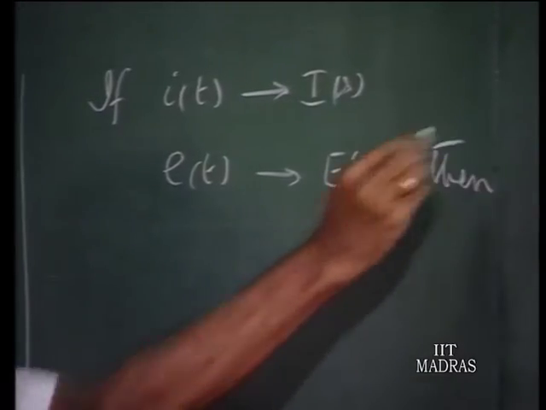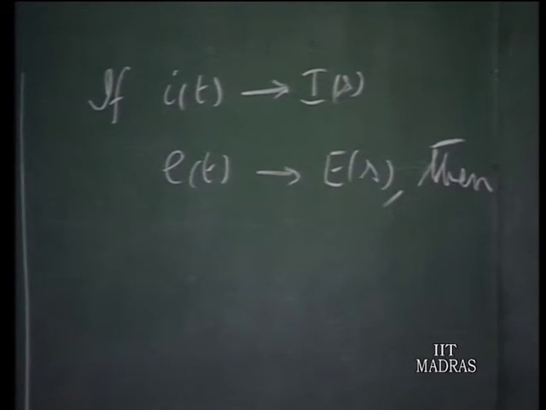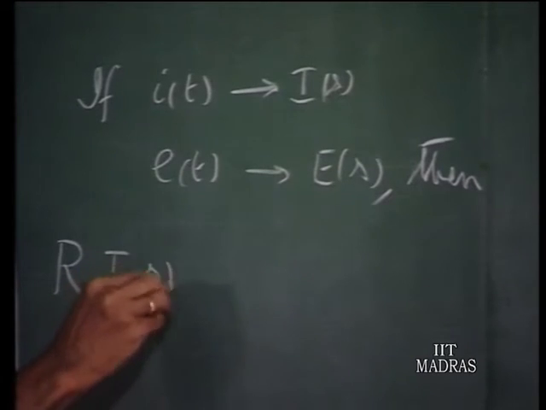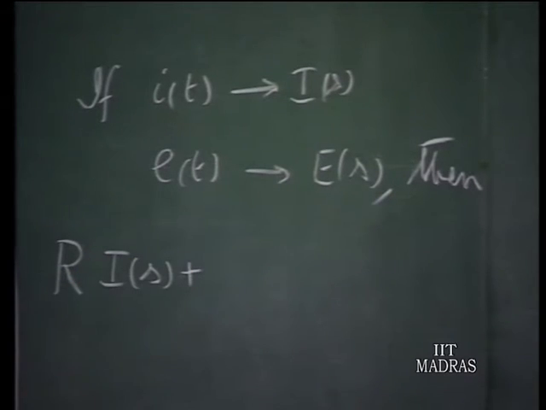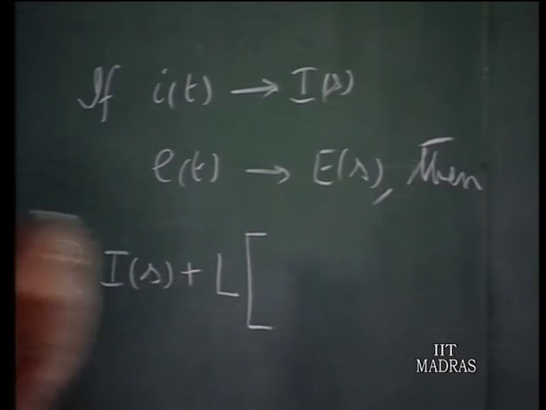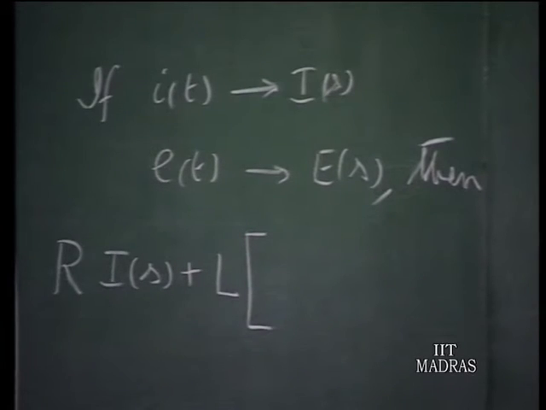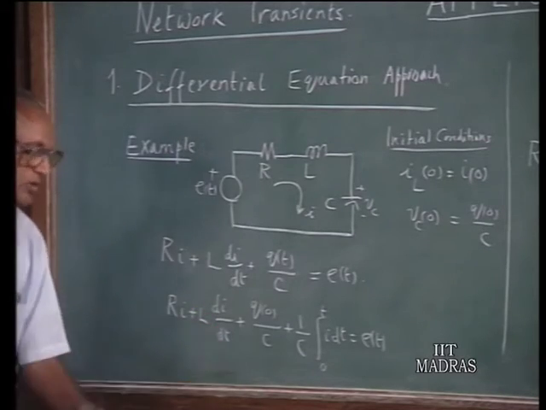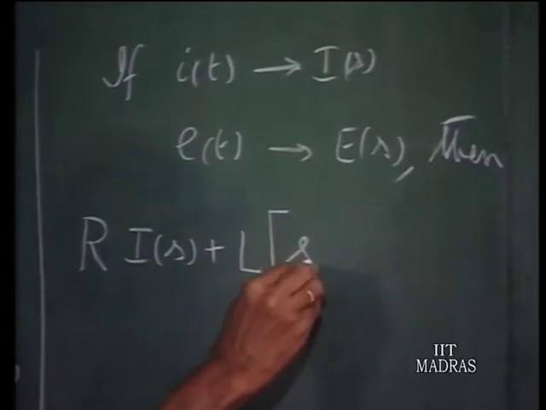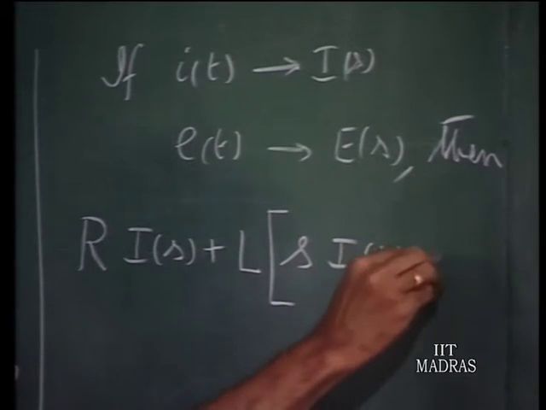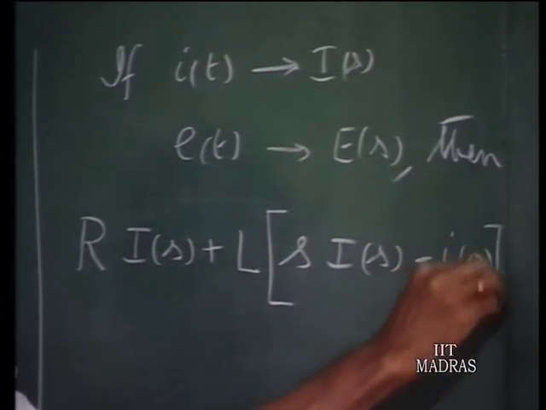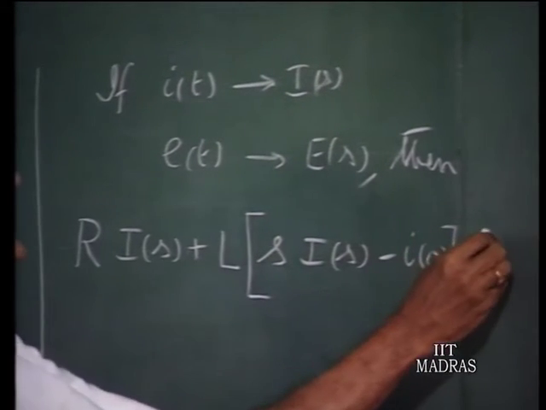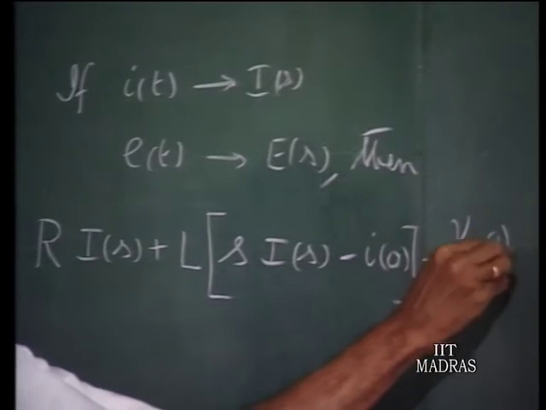Then term by term transformation of these terms will yield us R times I of s plus L times the Laplace transform of di by dt. Laplace transform of di by dt is s times I of s minus I0, plus Q0 over C, that is Q0 over Cs, that is Vc0 over s.